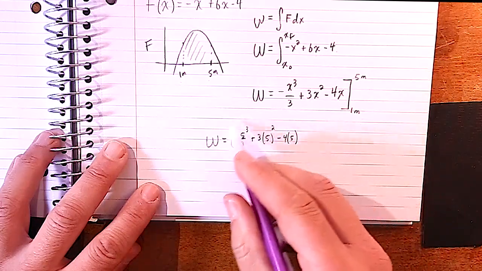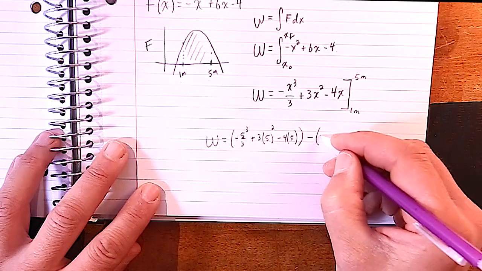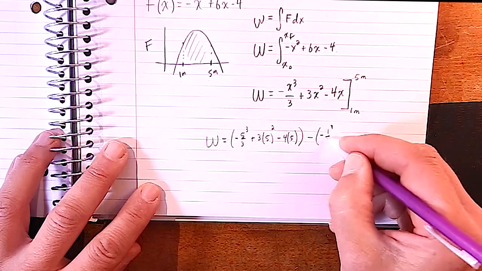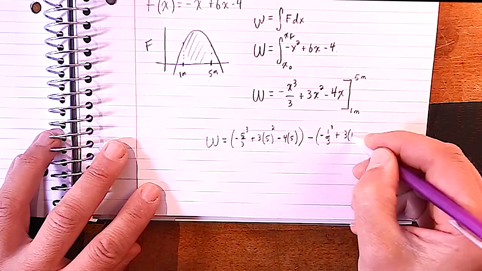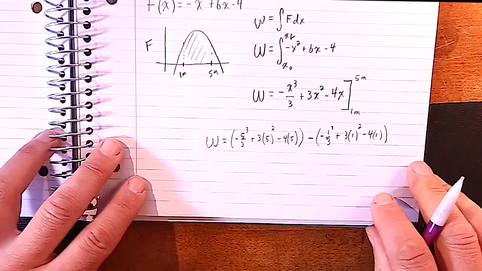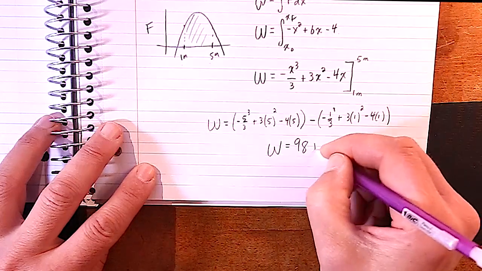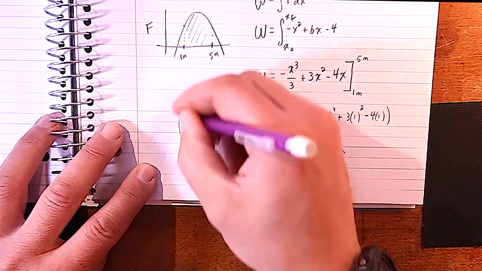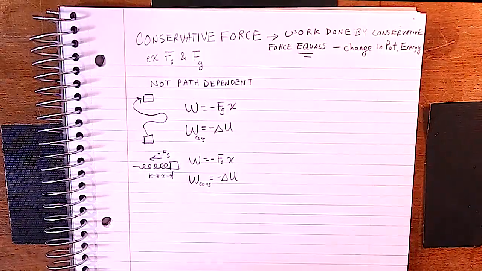All of that is our final, minus our initial, which is going to be minus 1 cubed over 3, plus 3 times 1 squared, minus 4 times 1. And if you do the math on that, you end up with 98 joules, and that is equal to the area under this curve.